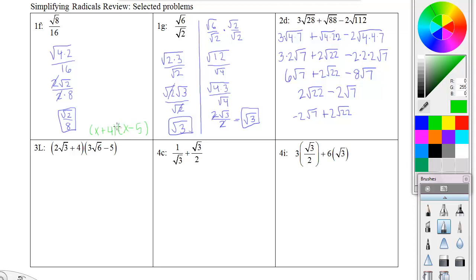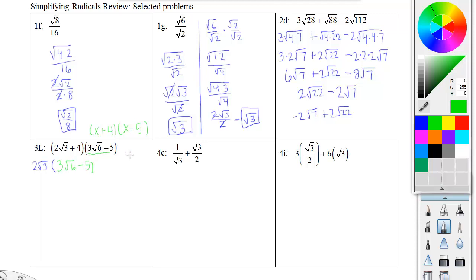You could FOIL it, or you could use the distributive property twice. Depends on maybe the wording that your teacher might have used in Algebra 1 when you learned how to multiply two binomials. So I'm going to lay out the distributive property twice. We're going to take the 2 root 3 here and multiply it by the 3 root 6 minus 5.